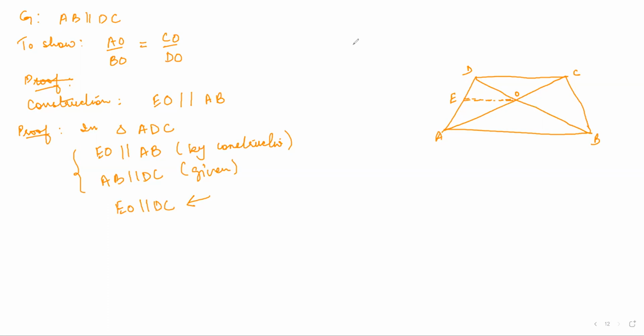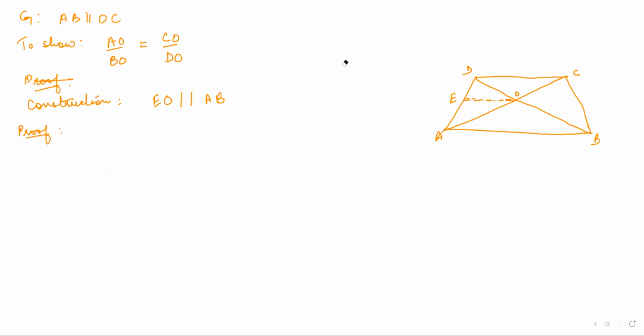Yes, ma'am. Okay, see it again. Take EO parallel to AB. Now see here. EO is parallel to AB, right? And AB is parallel to CD. So this implies that the line EO will also be parallel to CD. Is that okay?